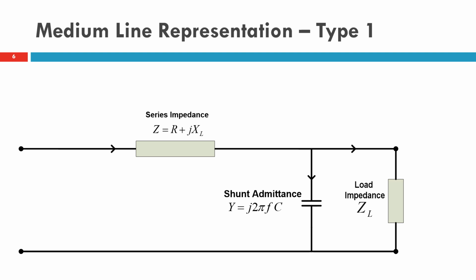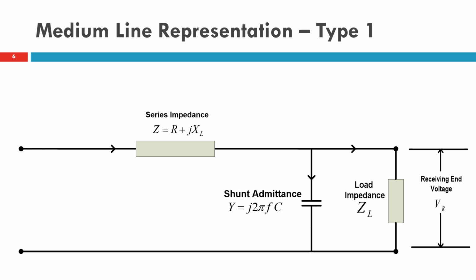The third element is the load impedance. Load impedance is represented by ZL, and this load is connected at the receiving end, and the voltage across the load impedance is VR, the receiving end voltage. Observe that ZL, the load impedance, and the shunt admittance are in parallel.